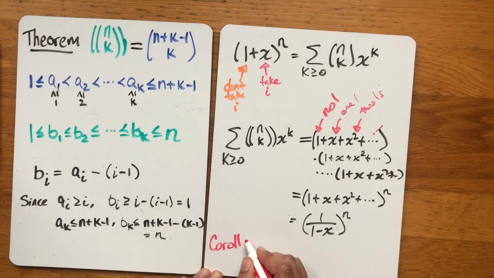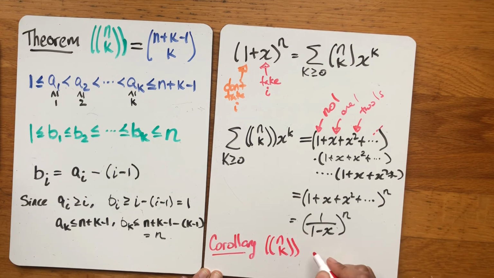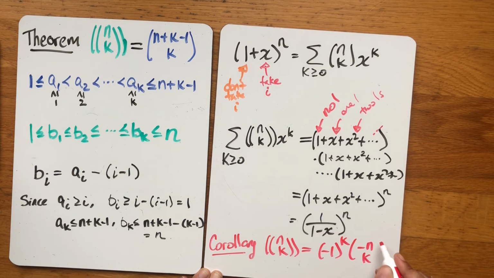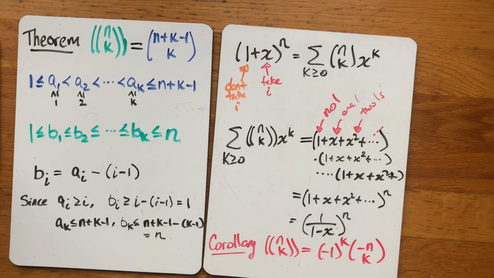We're going to get an identity as a corollary. And the corollary is that choosing with repetition is the same thing as taking an alternating sum of choosing without repetition when you have a negative number of options.